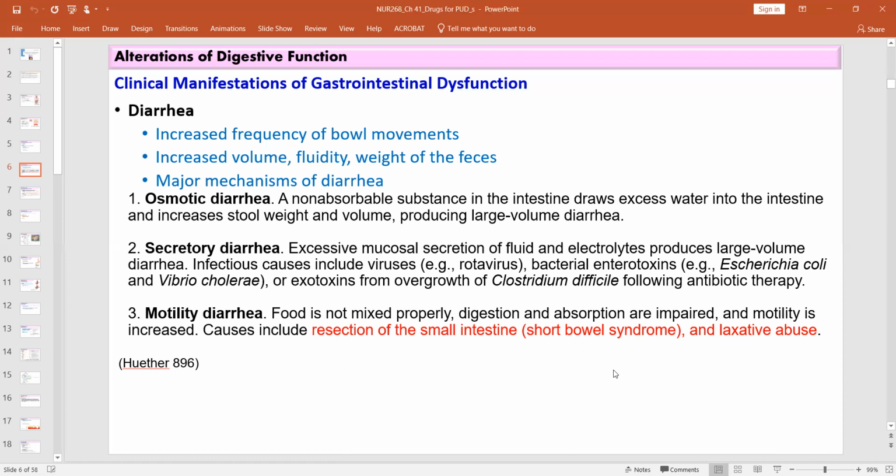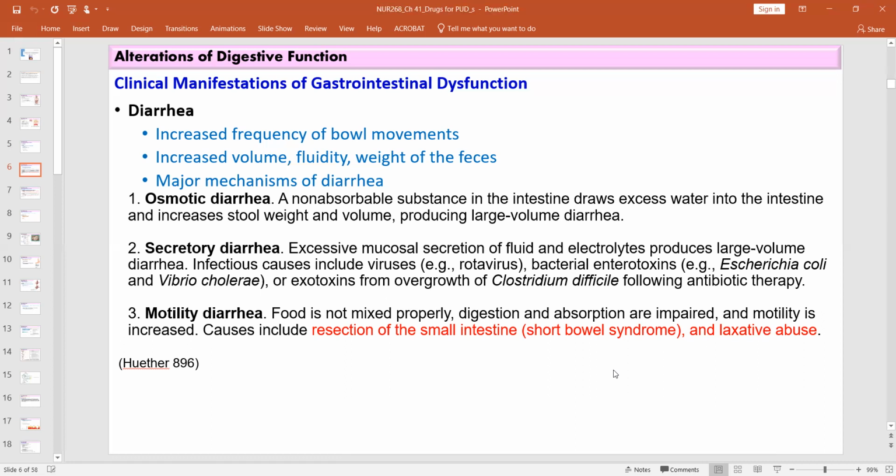So it's the inflammation, for example, patients with ulcerative colitis, Crohn's disease, the inflammatory bowel diseases, IBD. These may result in this type of diarrhea.